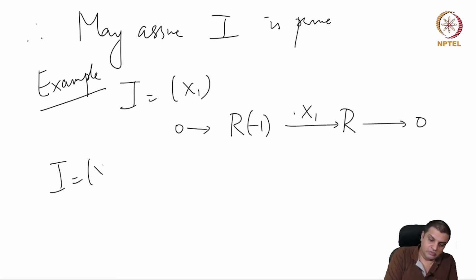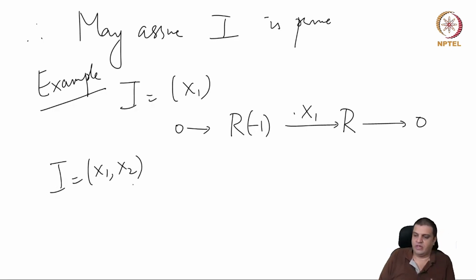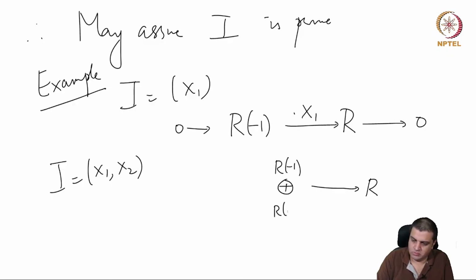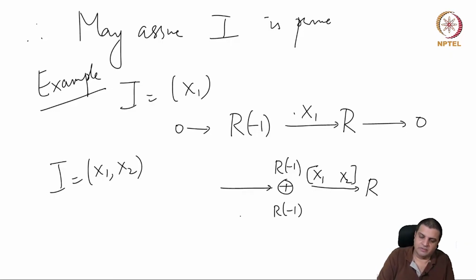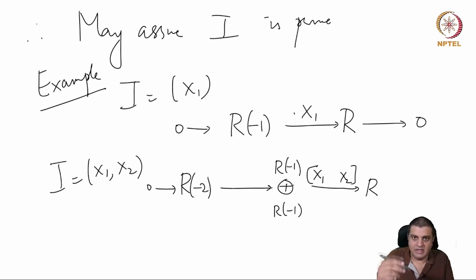If you have two variables, then the resolution is as follows. This basis element is multiplied by x1, and this basis element is multiplied by x2. For the kernel of this, one can verify that R1 E1 plus R2 E2 equals 0 means R1 X1 plus R2 X2 is 0.